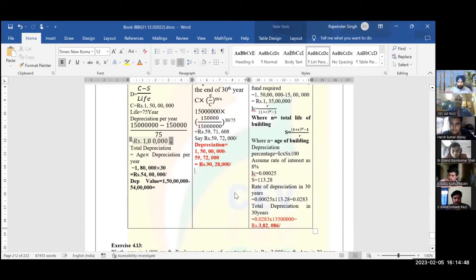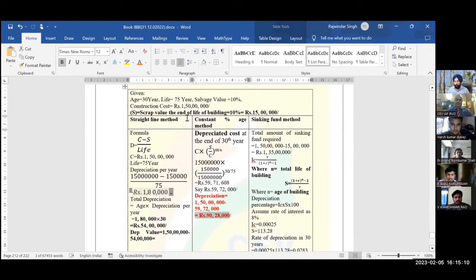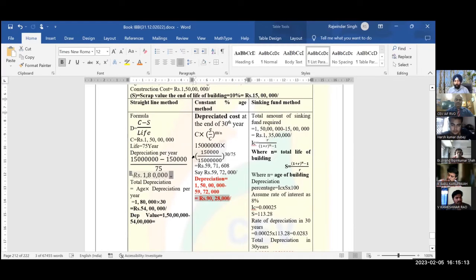Sir, see, in banking valuation, you have to be conservative, because based upon your valuation. Let us suppose this depreciation is 90 lakh 20,000. Now see here, which method will give you highest depreciated cost? Sir, constant percentage.